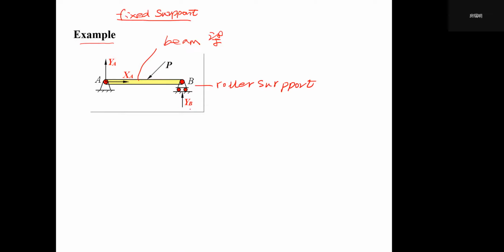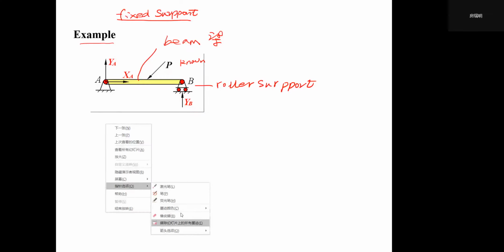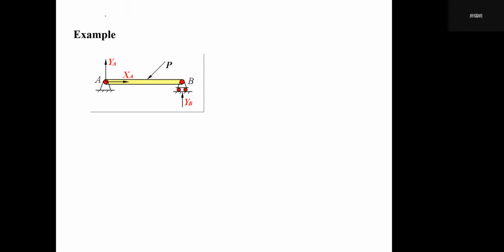That's why we have a reaction YB along this vertical direction. See? So if the magnitude and direction of P are known, we can find that, because we have three equations.